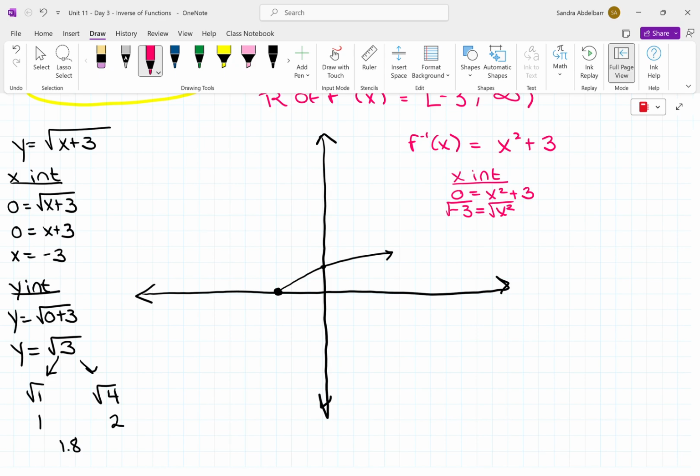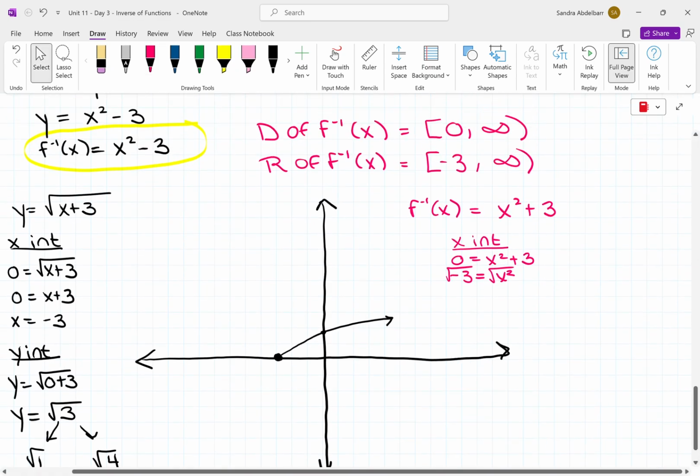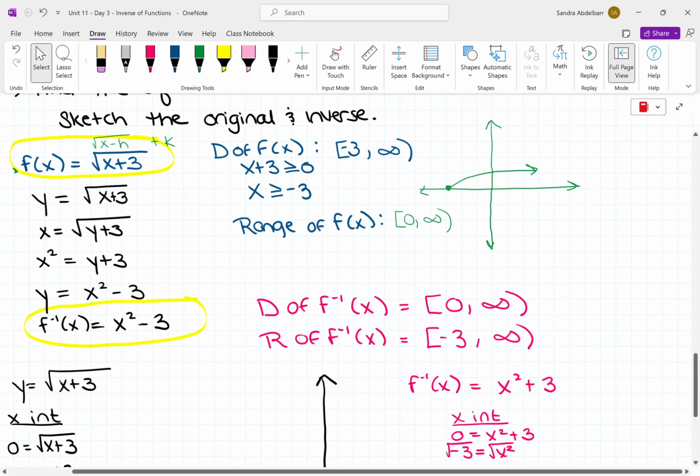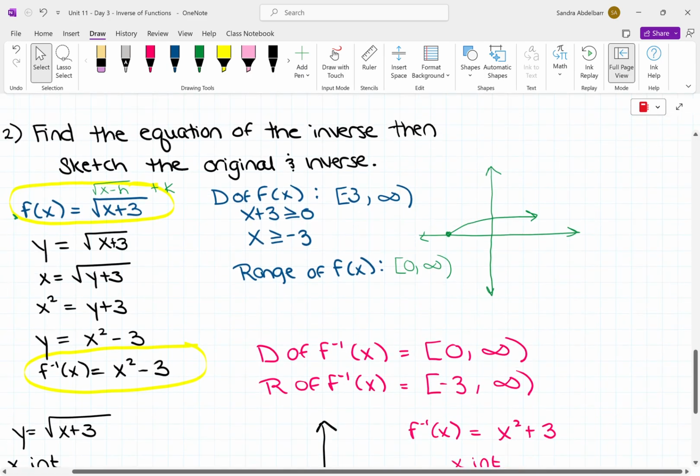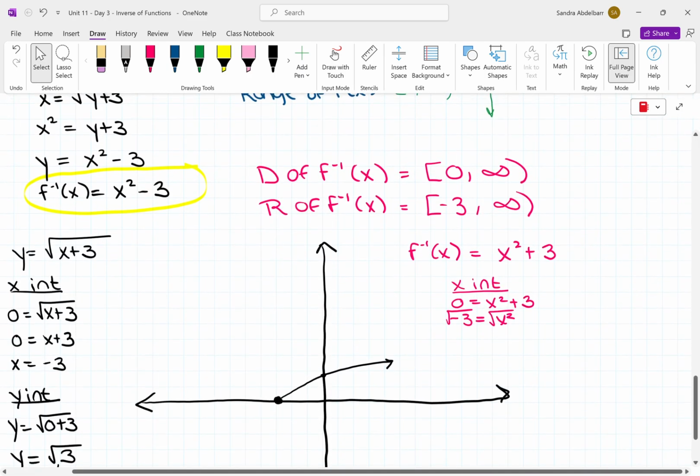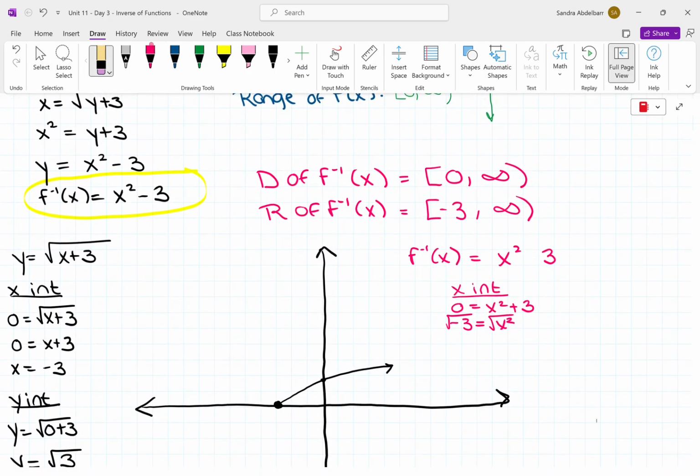Subtract that 3. Will there be an x-intercept? Wasn't there like -1 x squared minus 3? Oh, was it -3? It was, oh, so I wrote it wrong, sorry. X squared minus 3. So will there be an x-intercept this time?